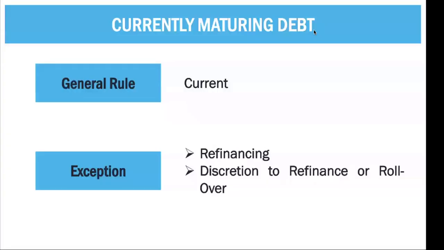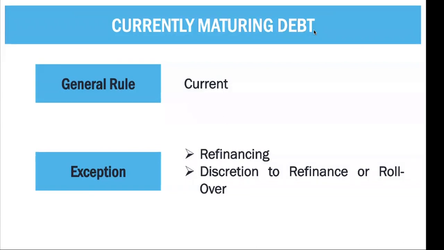So we're now in your currently maturing debt. When we say currently maturing debt, it means that it is a long-term debt. Okay, so it is a long-term debt, and then it is now maturing.